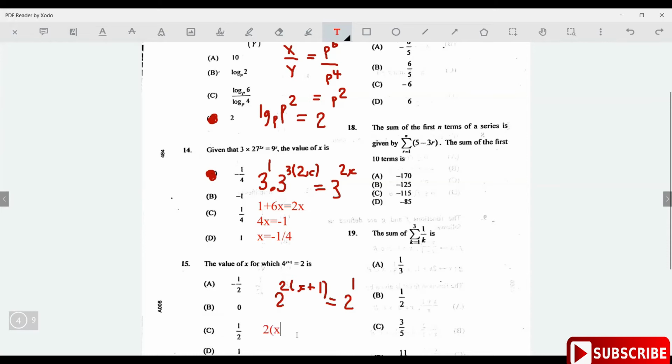So 2 times x plus 1 is equal to 1. And so we can divide both sides by 2 to get x plus 1 is equal to 1/2. And so then we can subtract 1 from both sides to get x is equal to -1/2. Nice, x is -1/2.